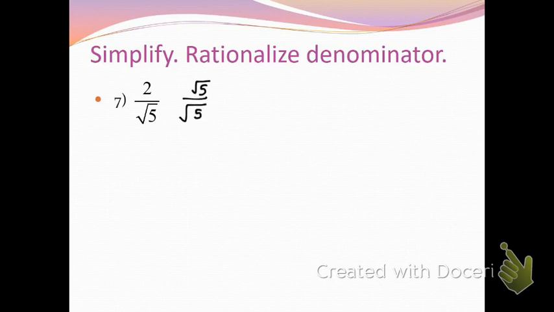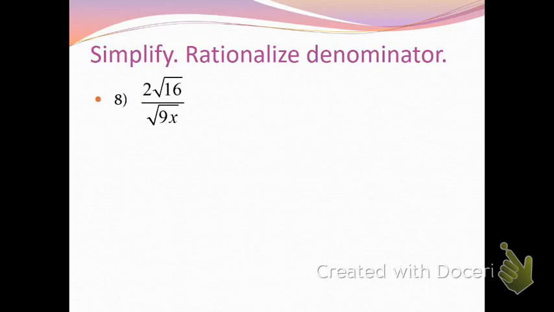If I multiply anything by 1, it's still whatever it was. I'm just making it look different. What is the square root of 5 times the square root of 5, guys? 5, and then in the numerator, 2 square root of 5. I now have the exact same problem without a radical in the denominator. So that's called rationalizing the denominator.